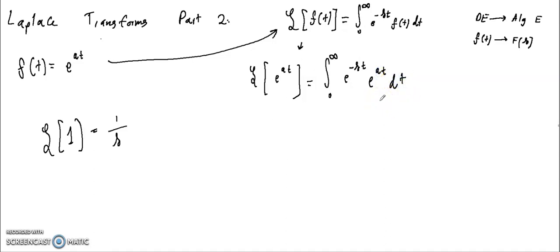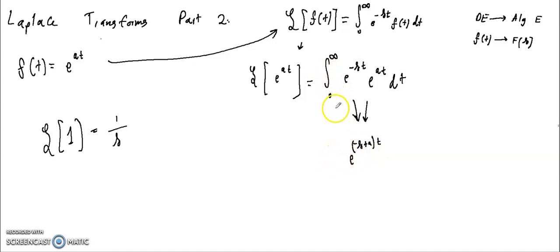So first, this is ugly, so I want to simplify this a little with some algebra. And with some basic exponent rules, we can combine this to be negative s plus a, times t, in the exponent, and we just have the same base.